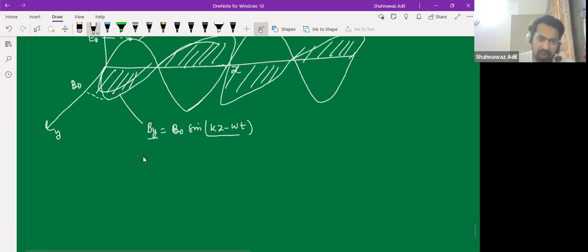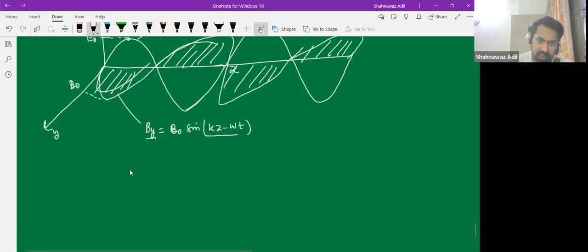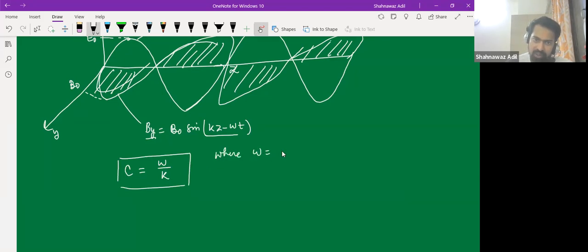And we also understood that the velocity of propagation would be omega by k, where omega was the angular frequency, 2 pi by T, and k was the wave vector, which is 2 pi by lambda.